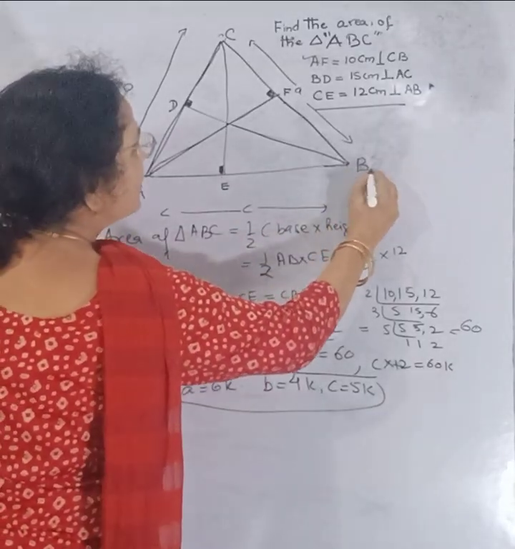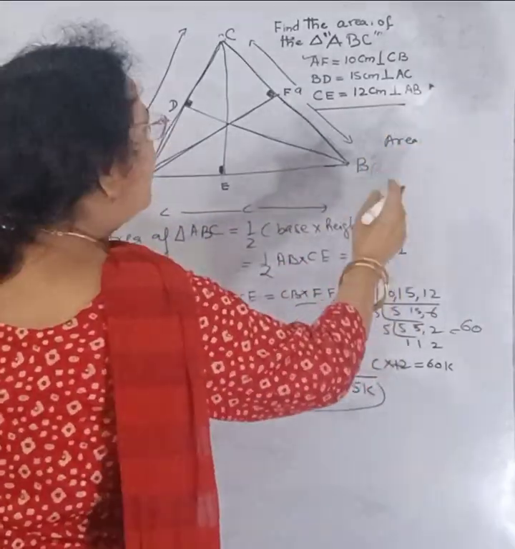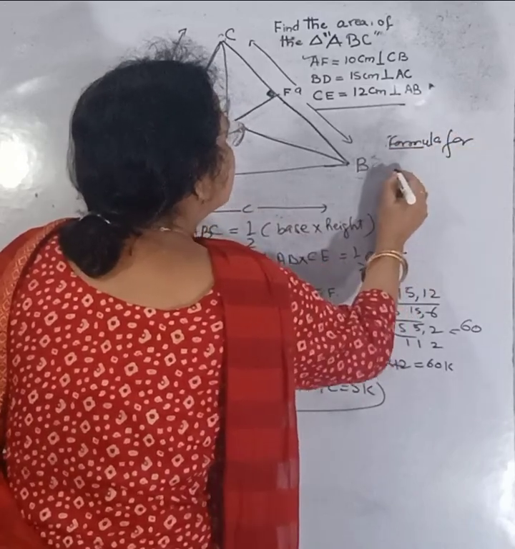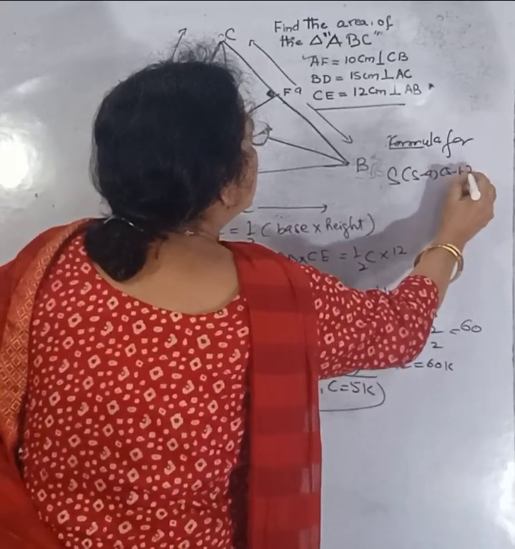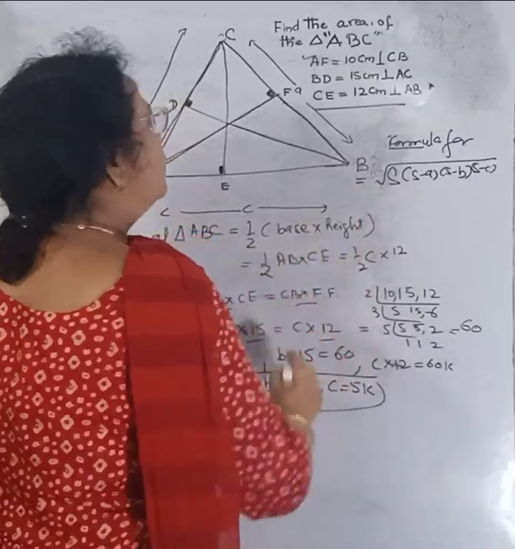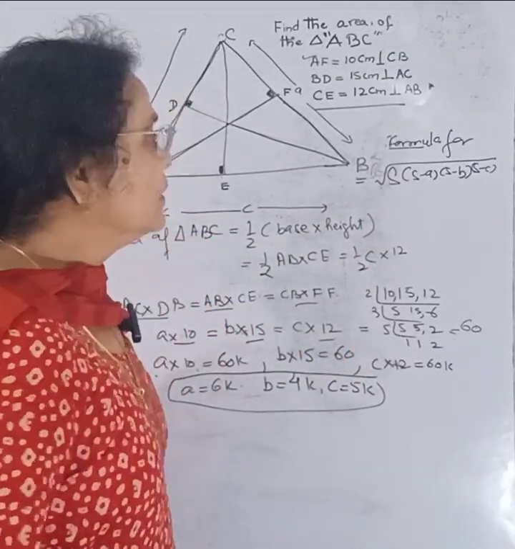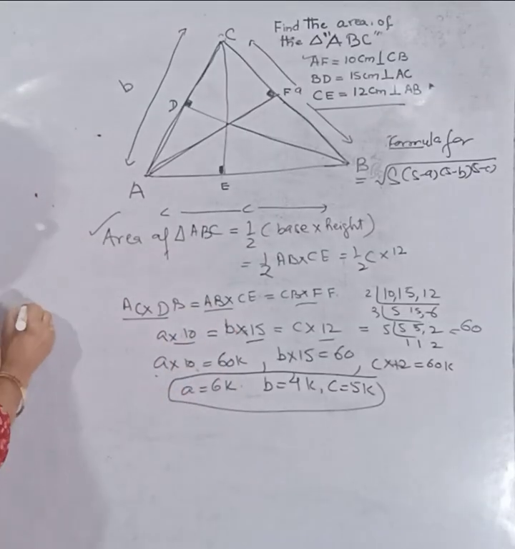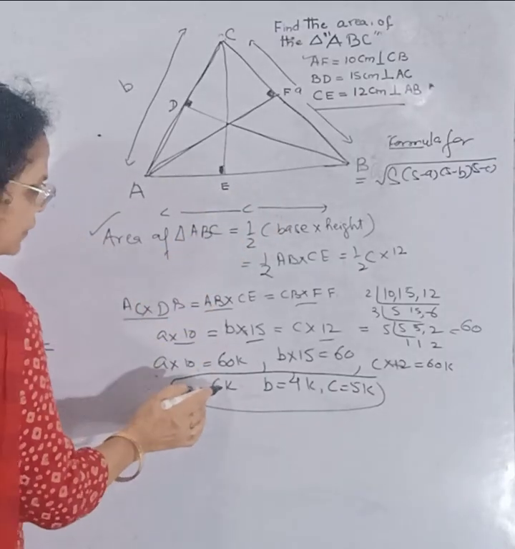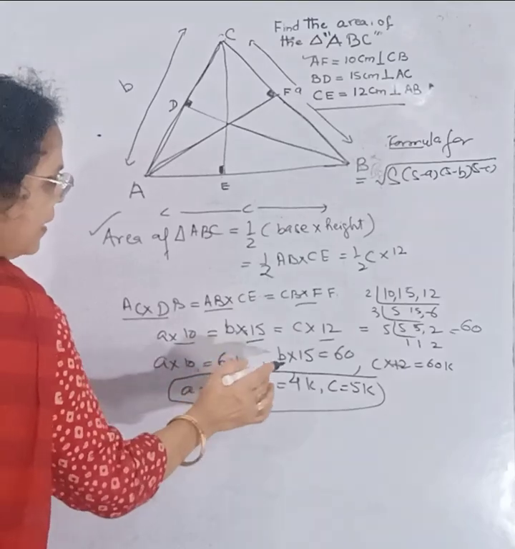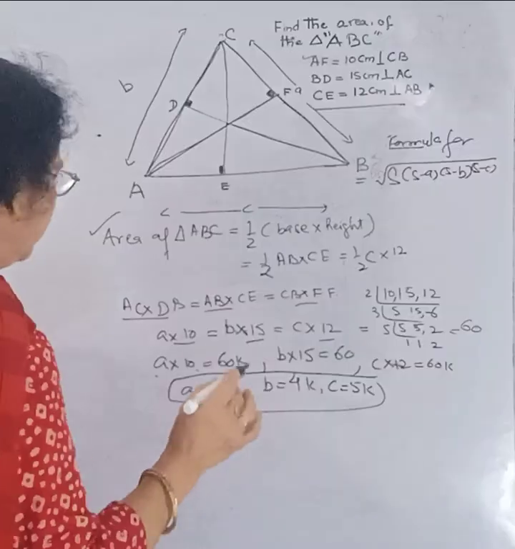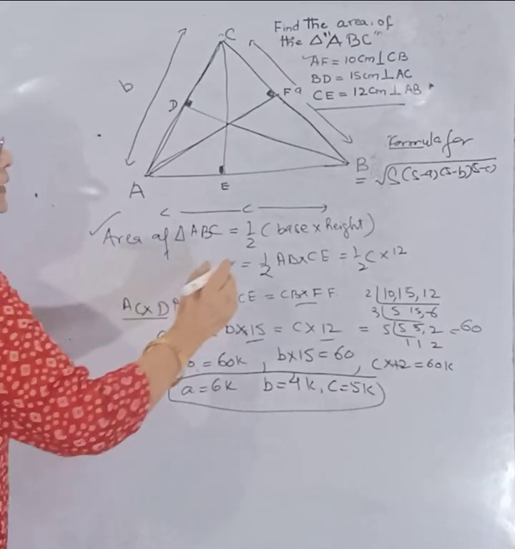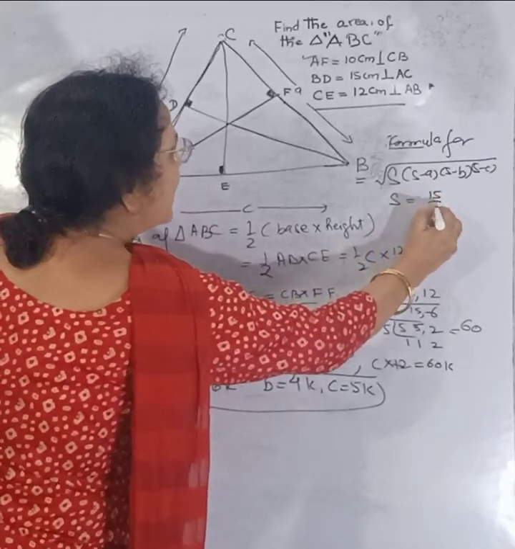The formula for area is the root of S into S minus A into S minus B into S minus C. This is also known as the formula for the area of a triangle with sides A, B, C. From here we can find the area, capital A. S is the addition of these three, 6k plus 4k plus 5k, which is 15k. 15k by 2 will be S, so S is equal to 15 by 2 times k.